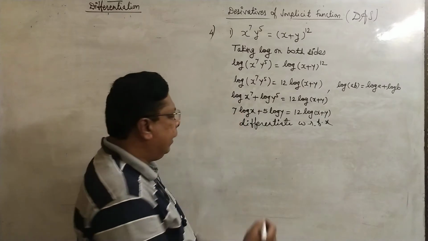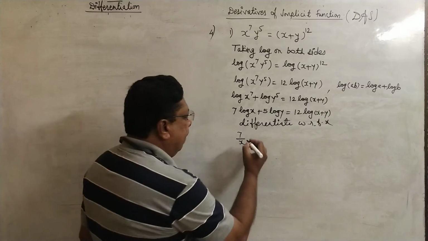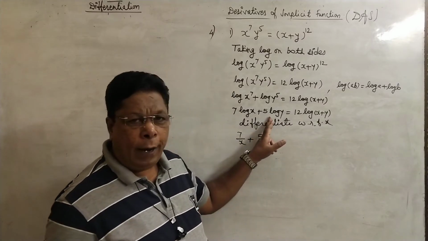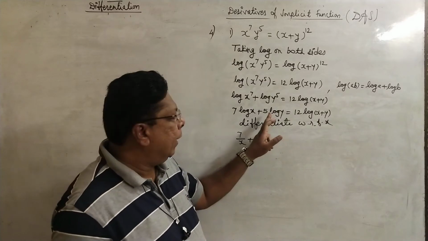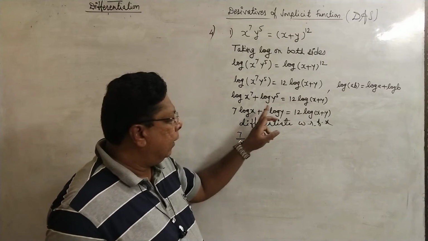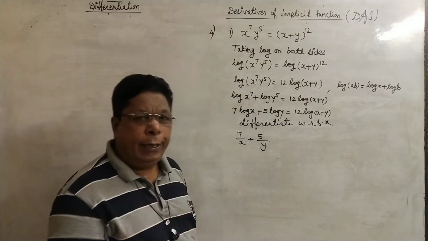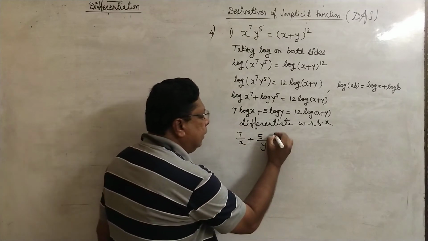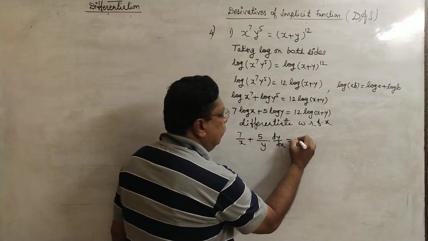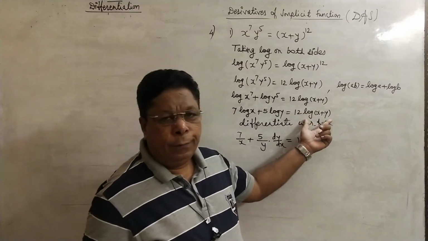The derivative of log x is 1 upon x, so it is 7 upon x plus 5. 5 is a multiple of the function log y, keep 5 outside. The derivative of log y is 1 upon y into derivative of y with respect to x, that is dy by dx, is equal to 12 derivative of log of x plus y.